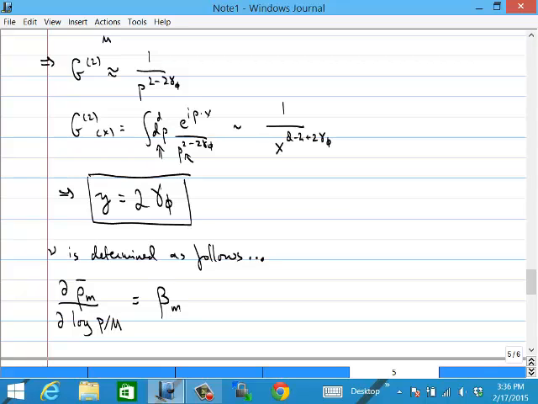So it's beta m, and at leading order, this is going to be proportional to rho. So remember that if you were working just in a free field theory, this would just be 2 times rho, because it would be the dimension of the mass term.